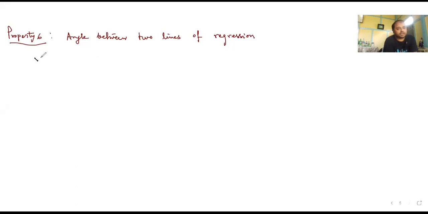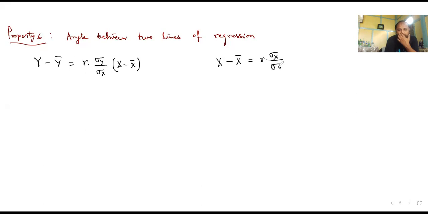One regression equation you know is given by y minus y bar equals r into sigma y by sigma x into x minus x bar. Another regression equation is x minus x bar equals r into sigma x by sigma y into y minus y bar. I want to compare these two equations with one another.